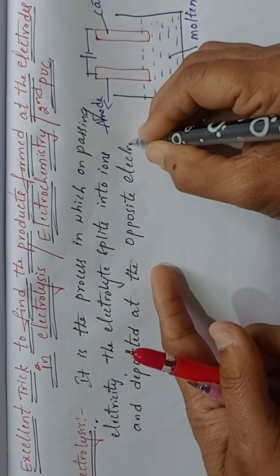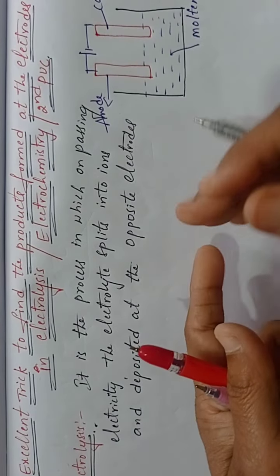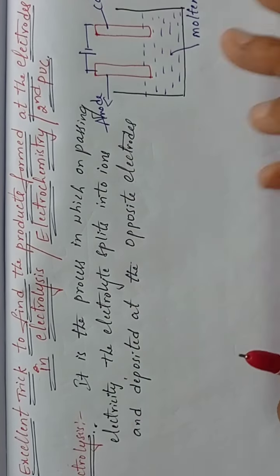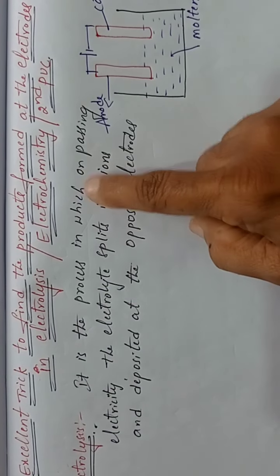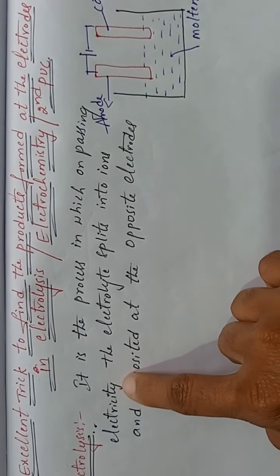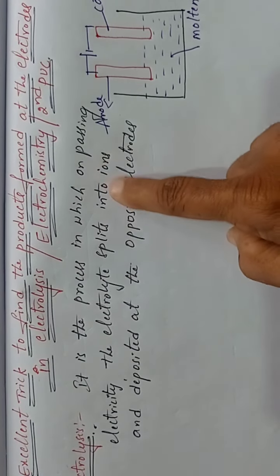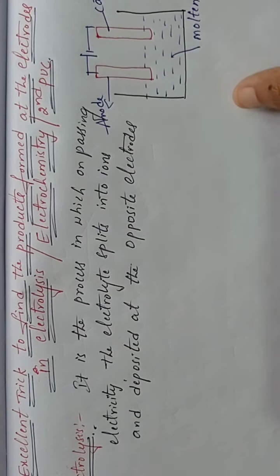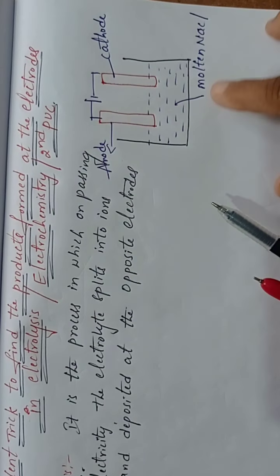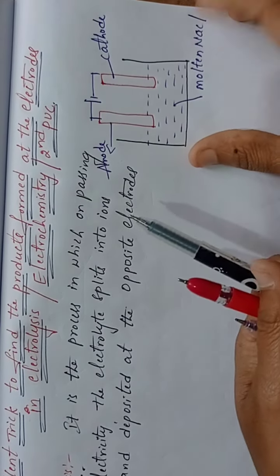Clear, students? What is electrolysis? It is the process in which on passing electricity the electrolyte splits into ions and deposited at the opposite electrodes. Now see students, this is how the electrolysis process takes place.